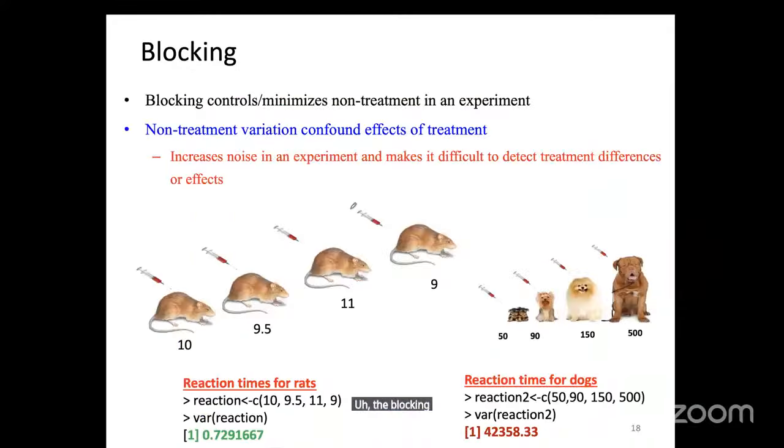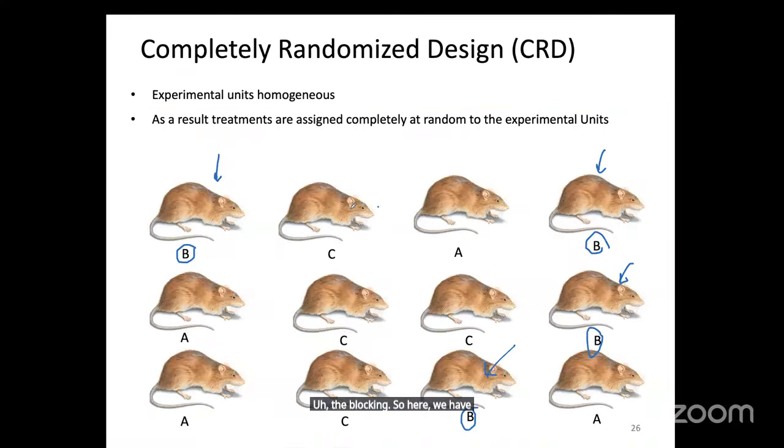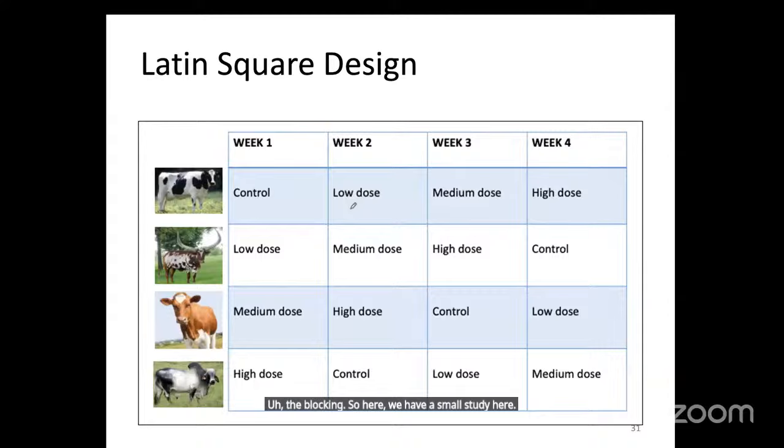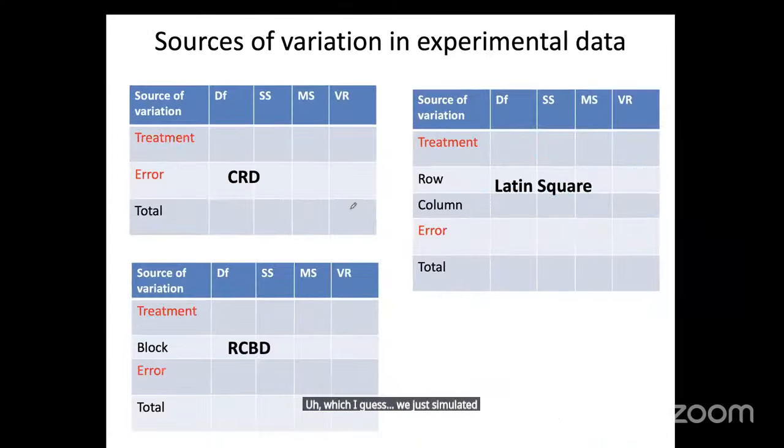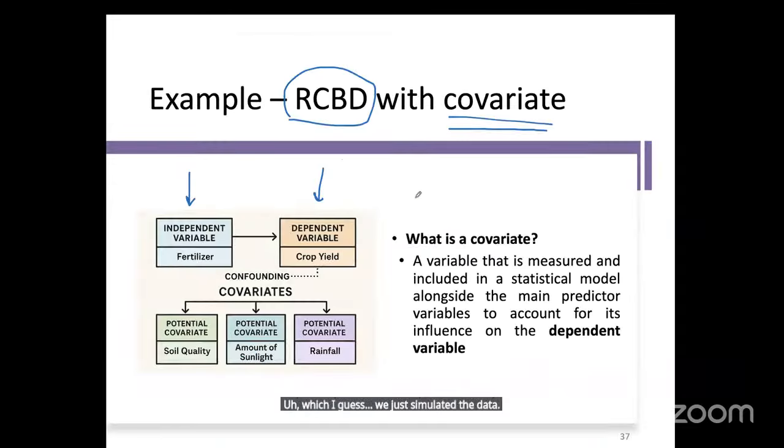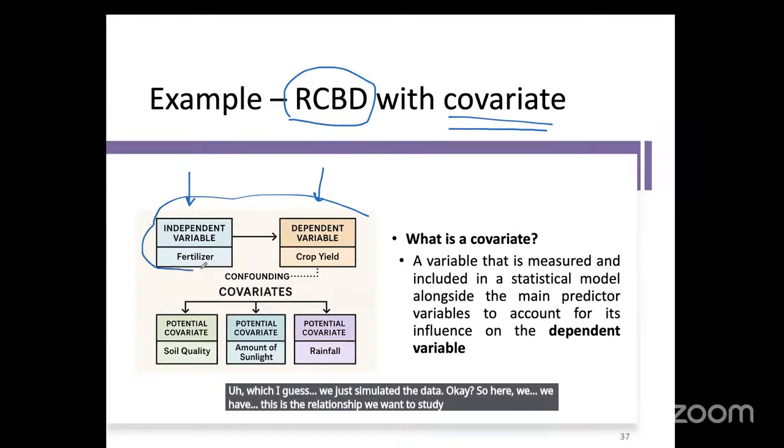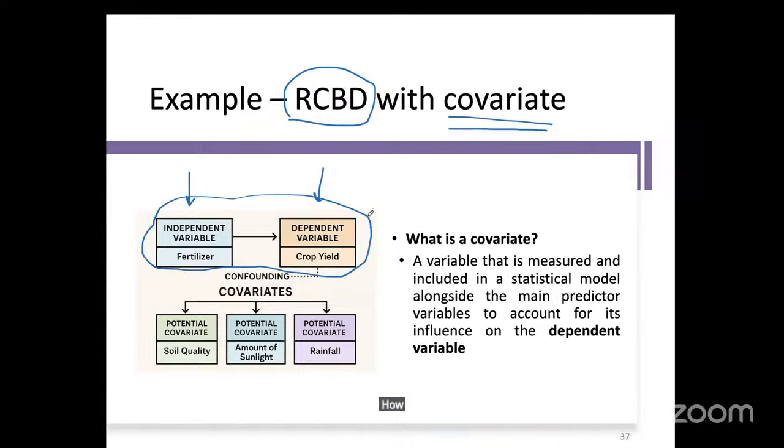Here we have a small study where we simulated the data. This is the relationship we want to study: how does fertilizer affect crop yield? We know from theory that the higher the amount of fertilizer, probably the higher the yield of a crop.